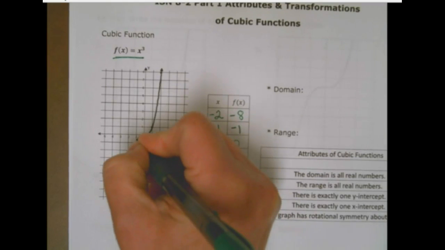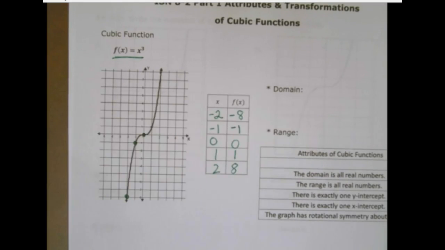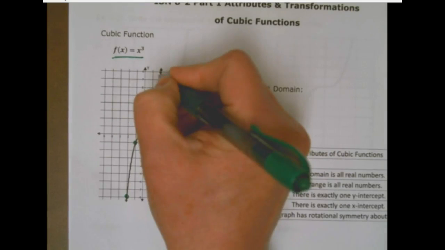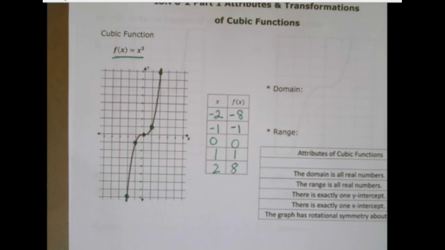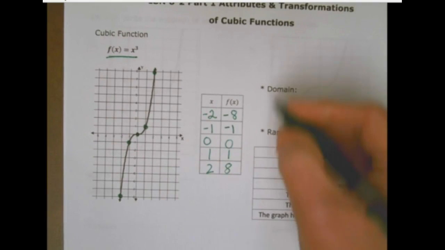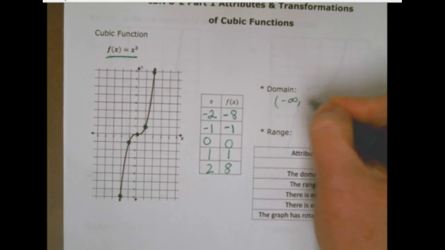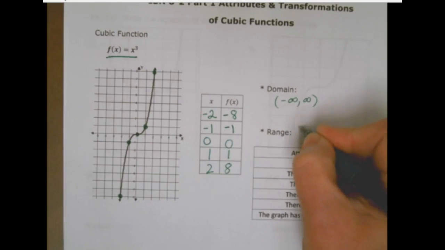I need you to make these points on your graph a little bit larger so you can see these. These are the key points that you need to memorize for a cubic function. Because it has arrows on both ends, the domain is positive infinity to negative infinity.